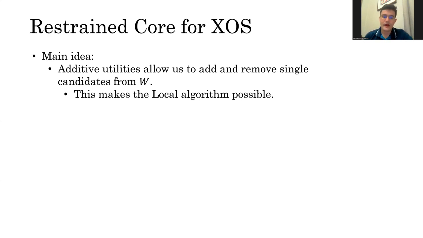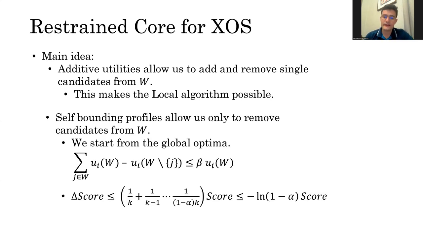However, we can safely remove candidates one by one. For the case of XOS, for example, when we have K candidates, we can show that there must be a candidate that has a marginal effect of at most 1 over K of the total score.